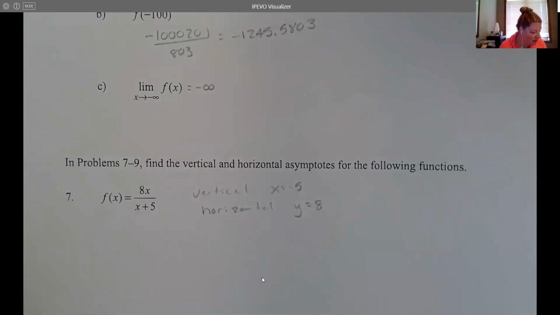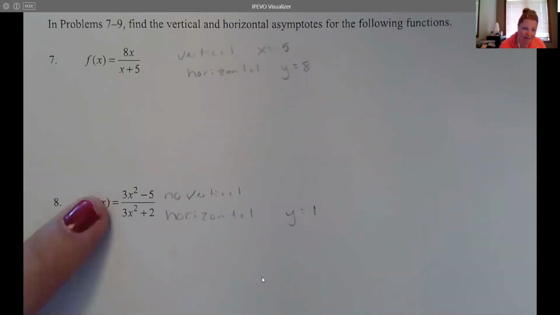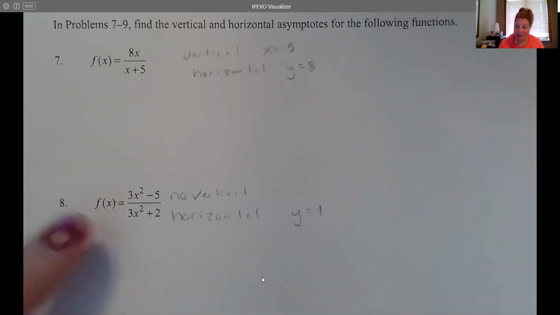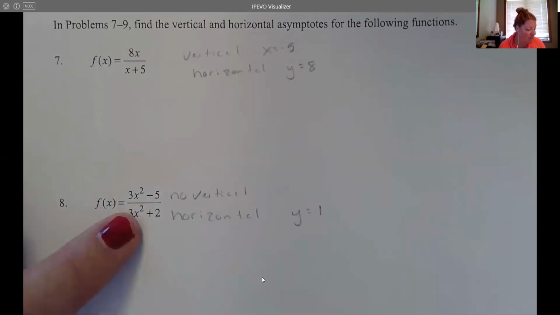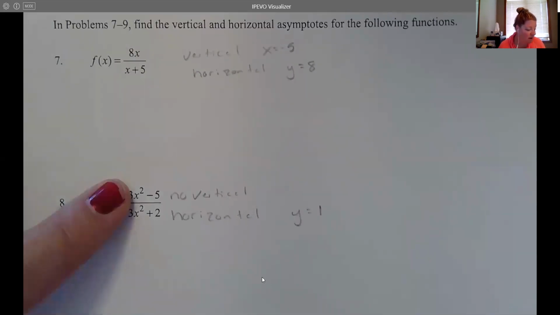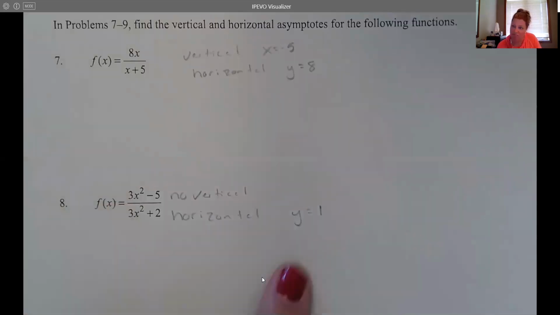This one here, there's no vertical asymptote, because if you set the denominator equal to 0, because of the square, it doesn't ever have a 0. So there's no vertical asymptote on this one. And then the top, it's a square over square, which is 3 over 3 or 1, so it's going to y equals 1.